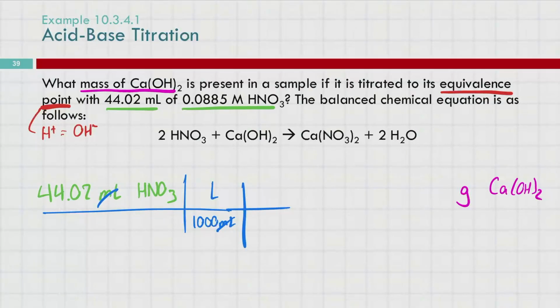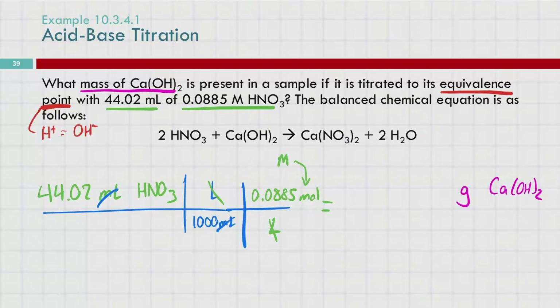So to get to moles from liters, we've got molarity. If you multiply molarity and liters, as we've seen before, you'll get moles. So I'm going to employ that clever little trick of converting capital M into moles over liters so that our units cancel out nicely. So this calculation would tell us how many moles of HNO3 we added.